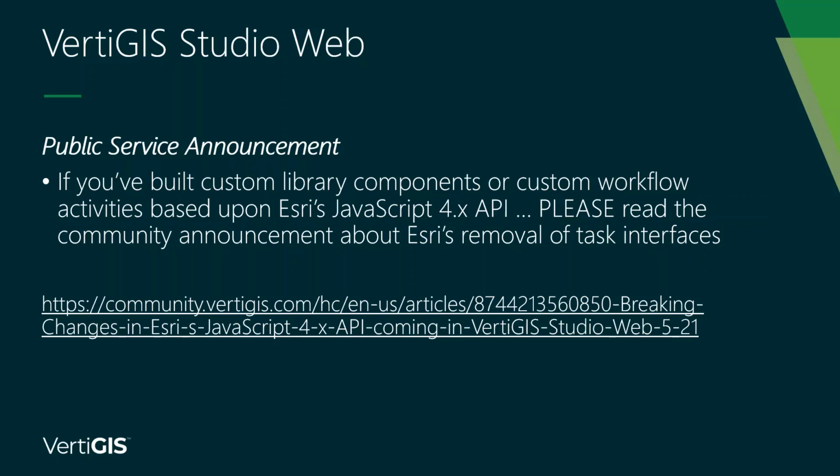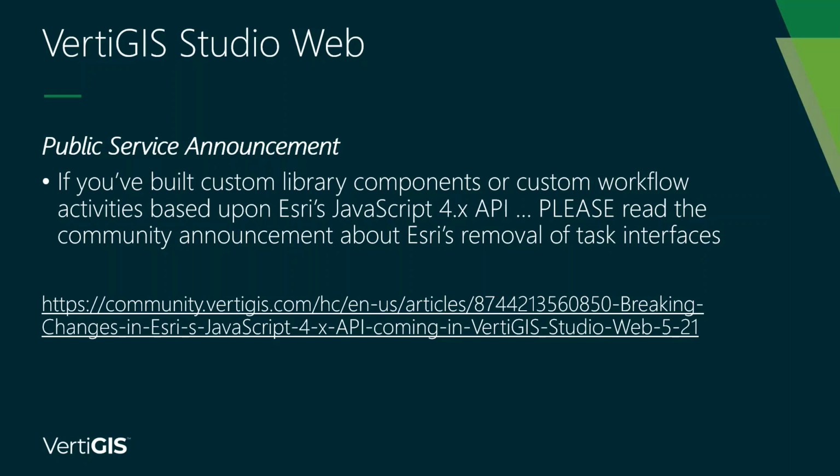And Esri has marked for deprecation for quite some time now, I think all the way back to 4.20, the fact that their task interfaces are going to change to REST. You can read all about it at the community post. Why are we highlighting this? This happens with almost every release of Esri's JavaScript. There's always a few things that change, but in this particular case, we just think it's a significant change.